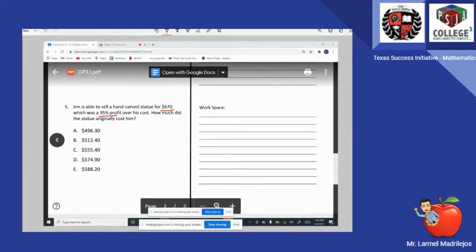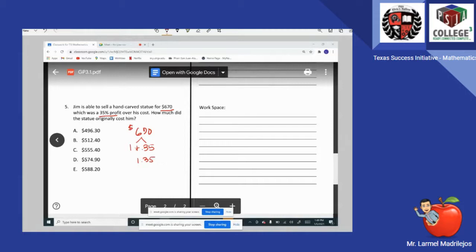So what does it mean? This means that the $670 is already an additional 35%. So 1 plus 35% is 1.35. So this value is 135% of the original value.